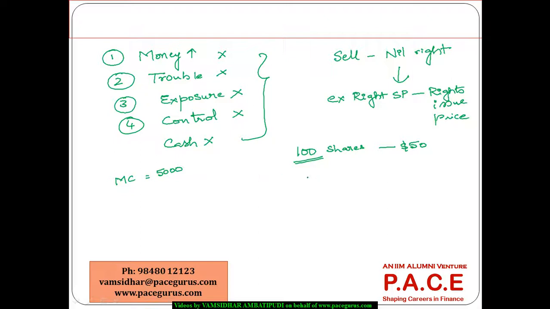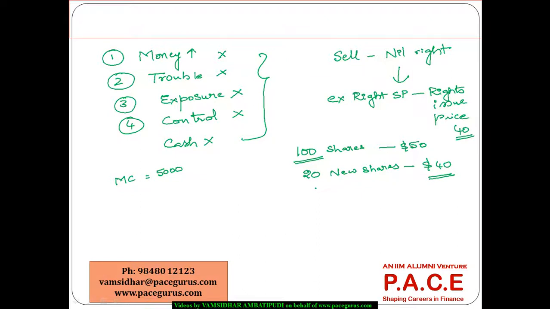Now the company wants to issue 20 new shares at a discounted price of $40. So this will become the rights issue price. So the rights issue price is $40.